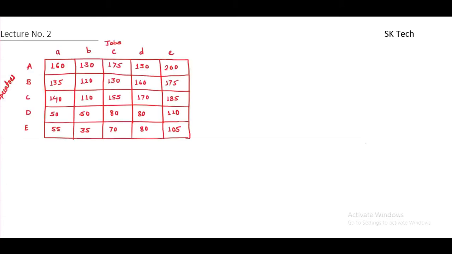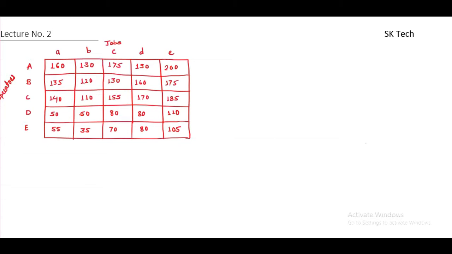In this there are 5 jobs. So this is the problem where we have 5 jobs and 5 operators, and this is a minimization type of problem. So we can directly use the Hungarian method. The first step to use the Hungarian method is the row operation.